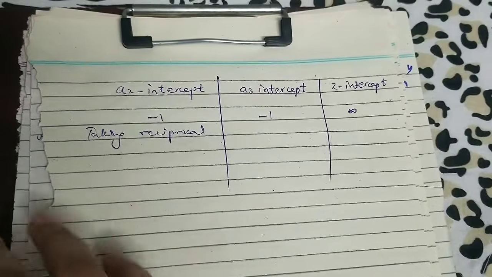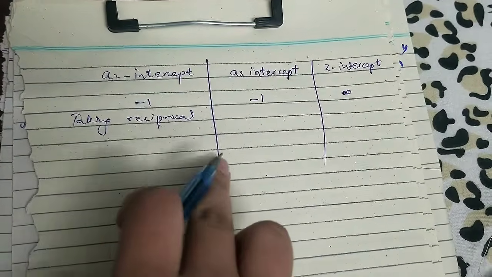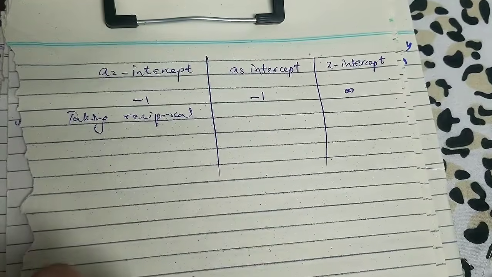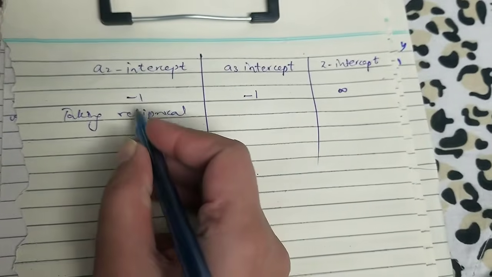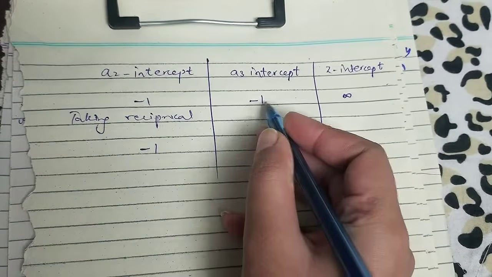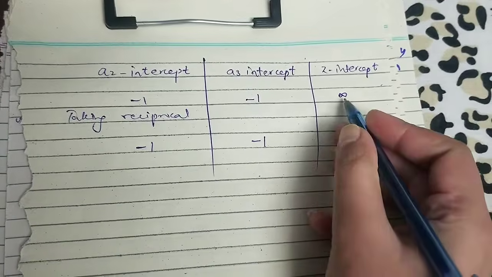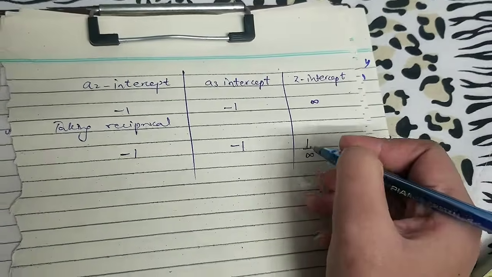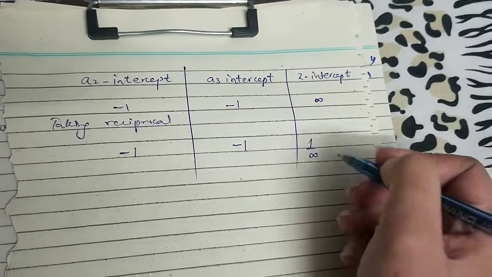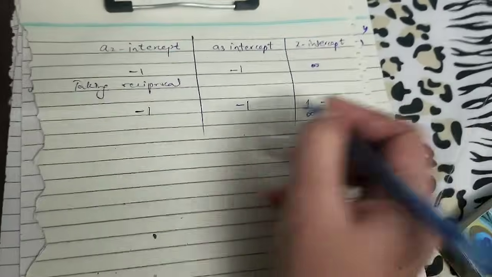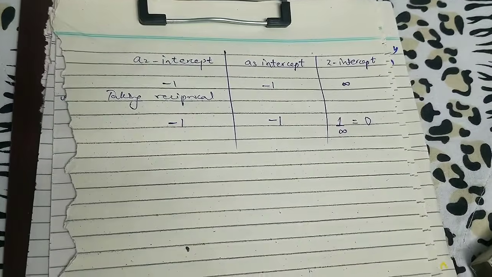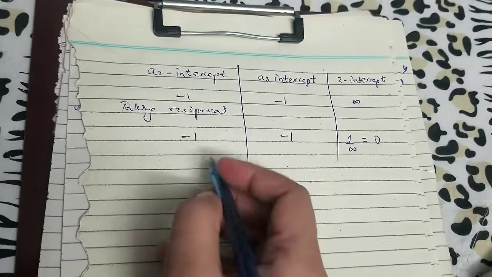Taking the reciprocal is one of the important steps in determining the indices in the case of planes only. So the inverse of -1 is -1, the inverse of -1 is again -1, and taking the inverse means 1 over the quantity, and 1 over infinity is 0. We can see there are no fractions involved, so these are the final indices.